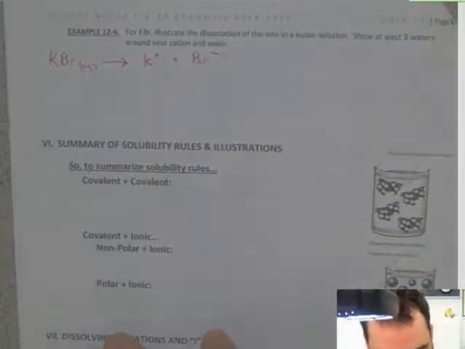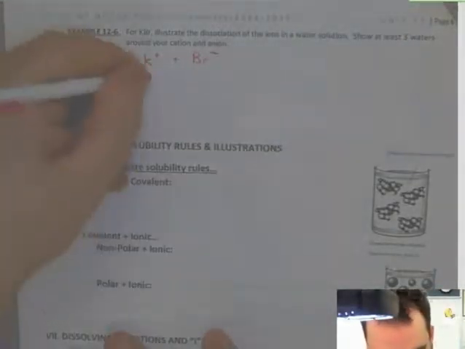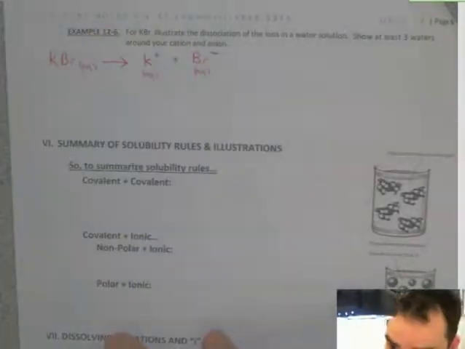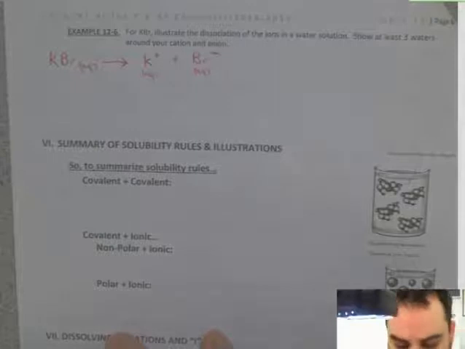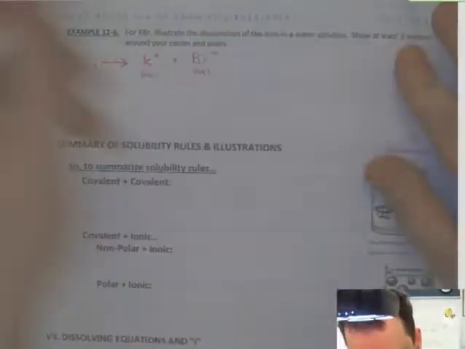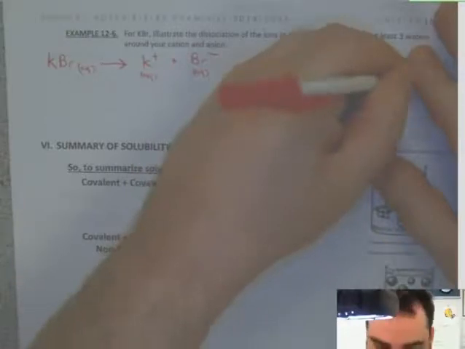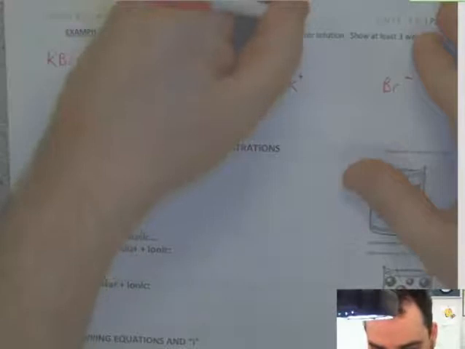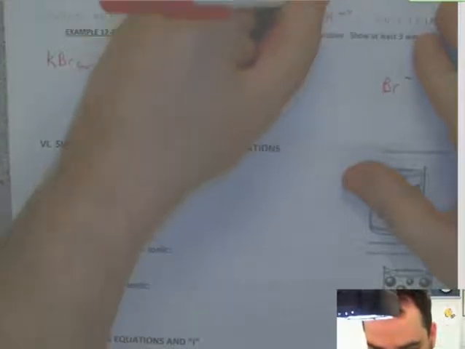So when we put this into water, and all ions are aqueous, you won't see me write the aq underneath the ions, but I understand that they're all aqueous, so you don't have to do that. So we're going to have a K+ ion, and we're going to have our Br- ion. We have our water molecules, correct? Remember, our hydrogens are partial positive and our oxygens are partial negative.